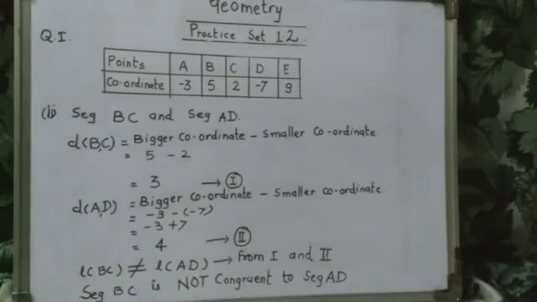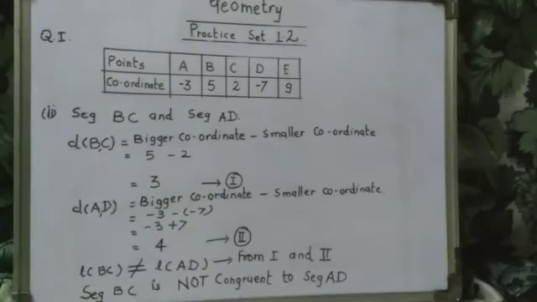Now let's consider distance AD. The coordinates of A and D are -3 and -7 respectively. As I told you, -3 is bigger than -7. So -3 minus -7, it will be converted into +7. -3 plus 7, that is 4.